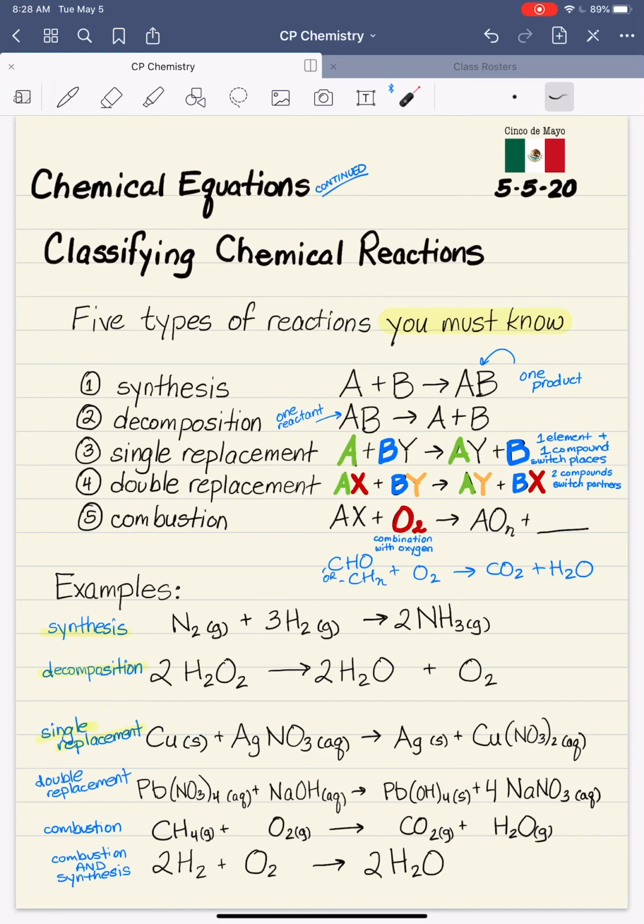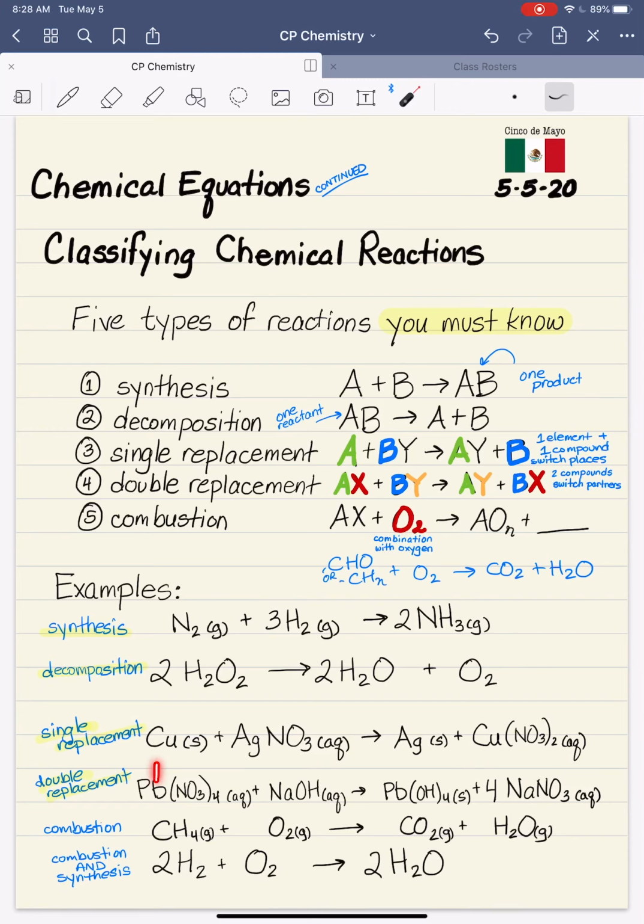All right, the next one up, we have double replacement. Okay, in a double replacement reaction, we've got two different compounds. In this case, we have lead 4 nitrate and sodium hydroxide, and they are switching places.